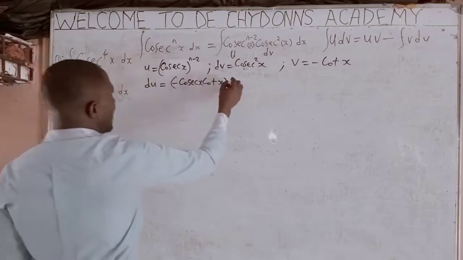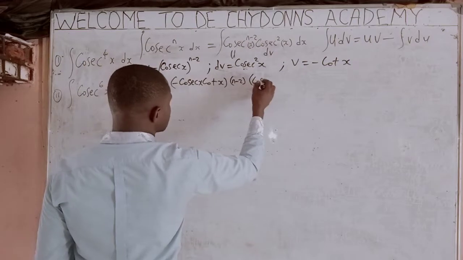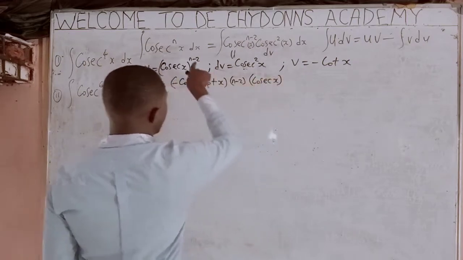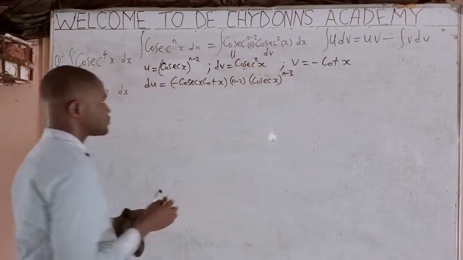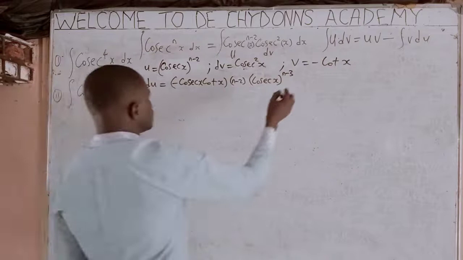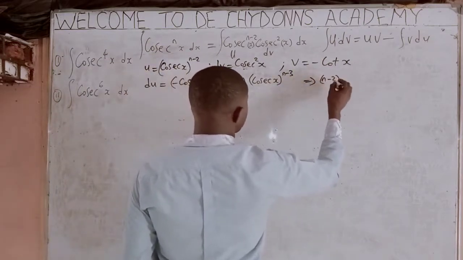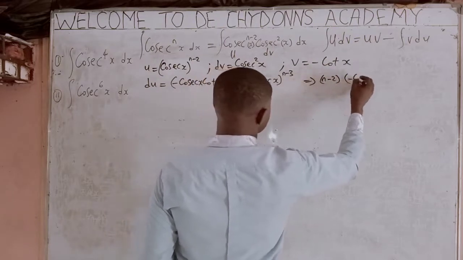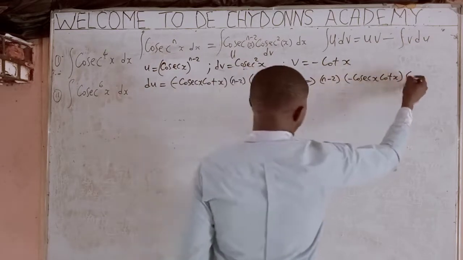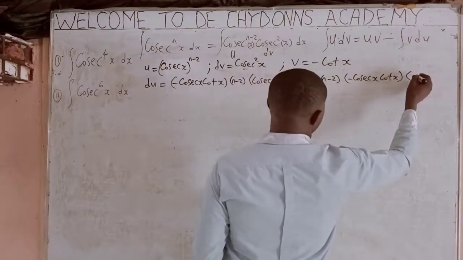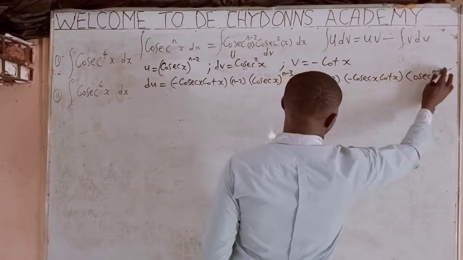Okay, then write the power, then write cosec x all raised to power n minus 2 minus 1, n minus 3. So this will automatically be giving us n minus 2 bracket, minus cosec x cot x bracket, cosec to the power n minus 3 of x.